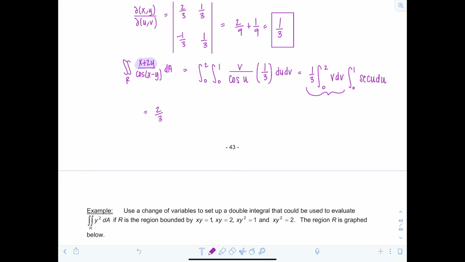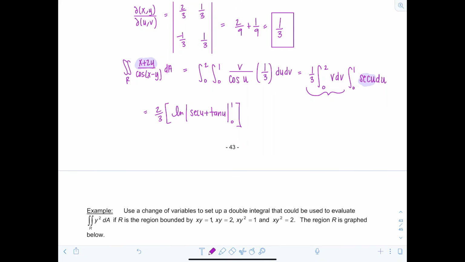And then what's the antiderivative of secant u? Do you remember? I hope so. That's why you took Calc 2. It's natural log of the absolute value of secant u plus tangent u. Yep. Evaluated from 0 to 1.